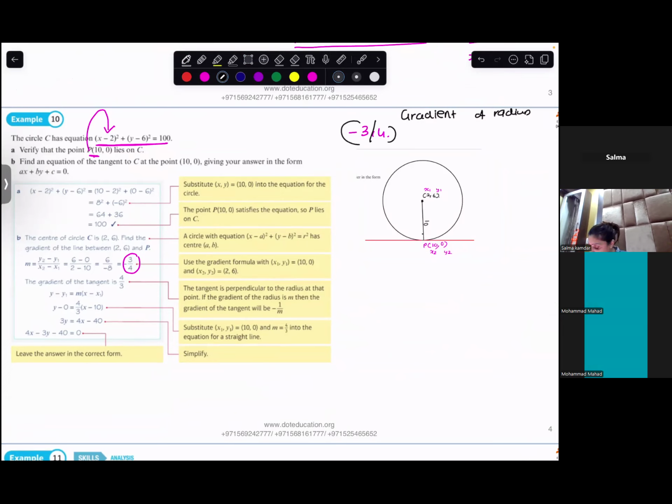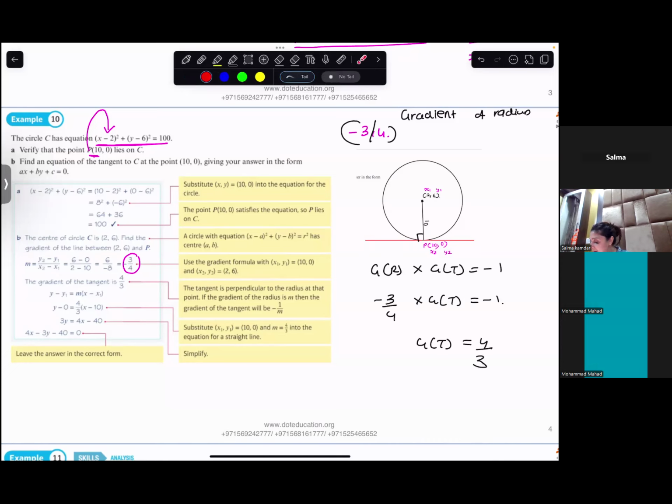It's going to be minus 3 by 4 multiplied by something which gives us minus 1. So in this case, gradient of radius into gradient of tangent is equal to minus 1. So the gradient of the tangent is 4 by 3, or I would say the reciprocal with the opposite sign.